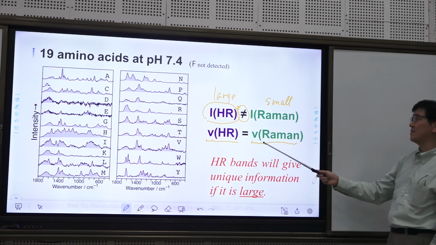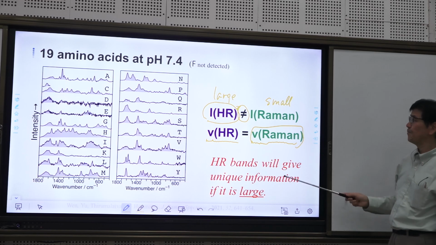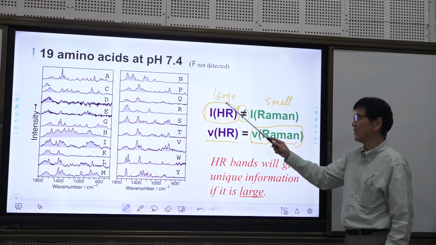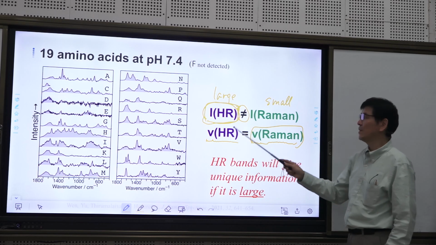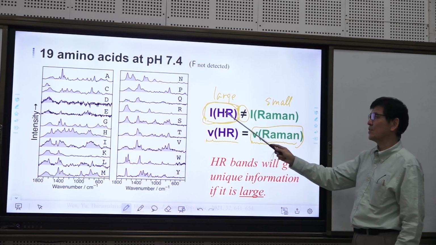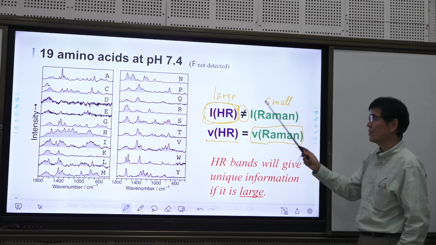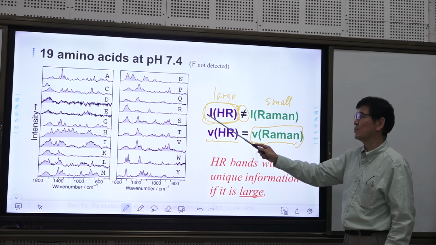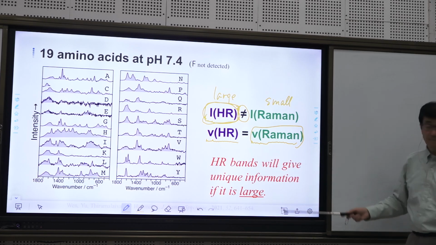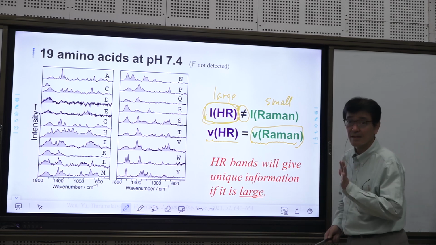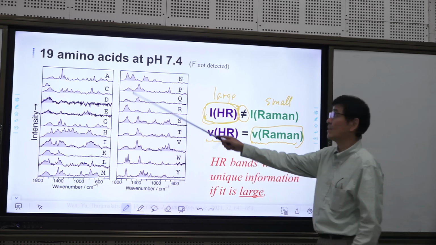Only Raman is enough. Only when the hyper-Raman intensity is large enough is it available to detect some hidden band in the Raman spectrum. So in that sense, it's worth trying. That is a tentative idea that I have about amino acid studies.